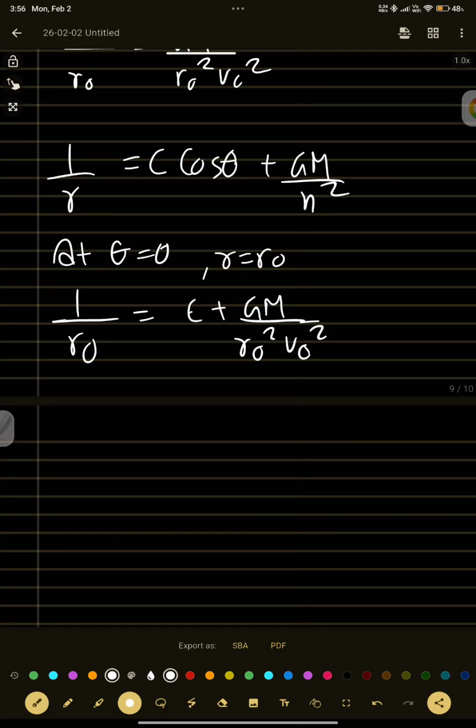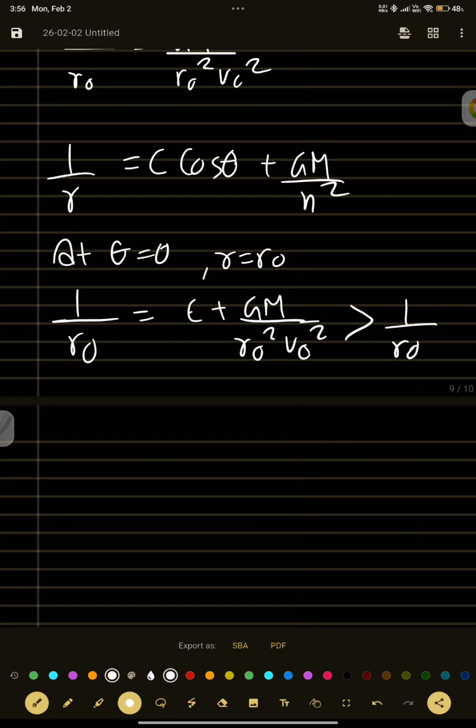When GM by R naught Vc square is 1 by R naught, then GM by R naught square V naught square, which is less than Vc, will become greater than 1 by R naught, right?